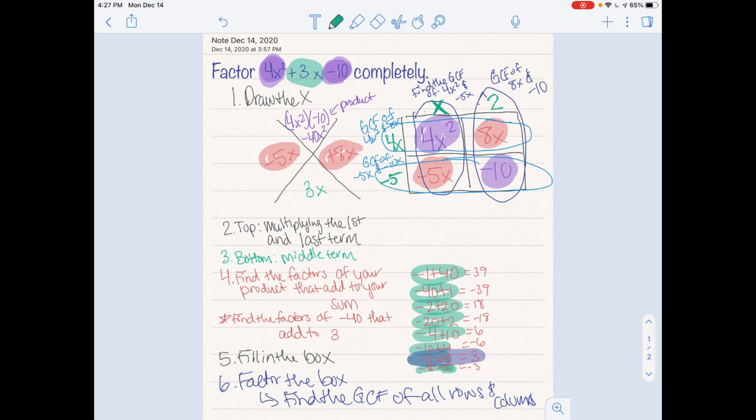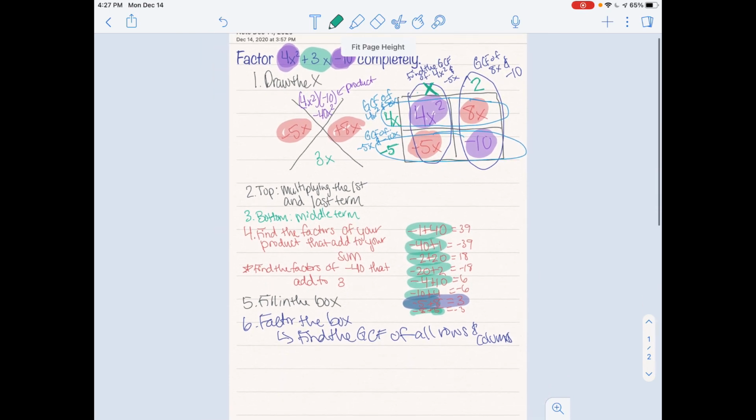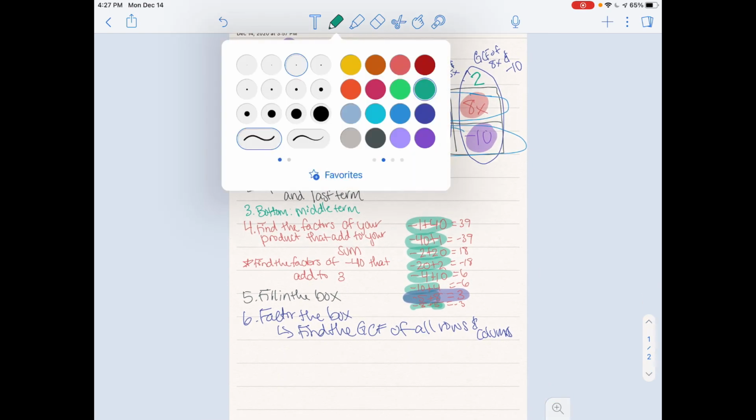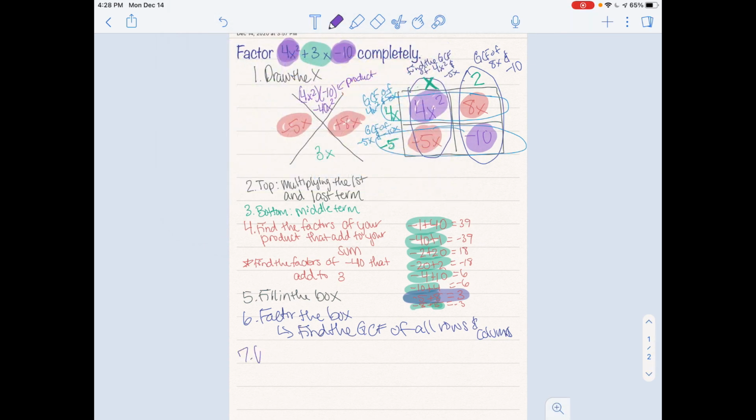From here, what we want to do as our last and final step is to write these terms in factored form. Remember, as we talked about in class, factored form has parentheses, and it has two terms or more being multiplied. So we're going to fill in our parentheses using the top factors that we found.